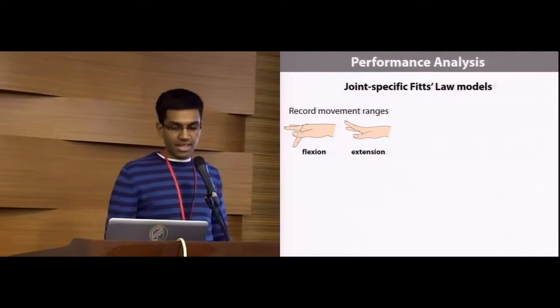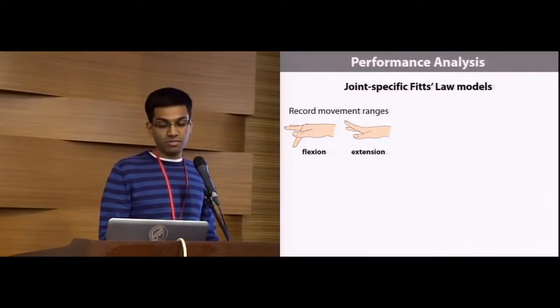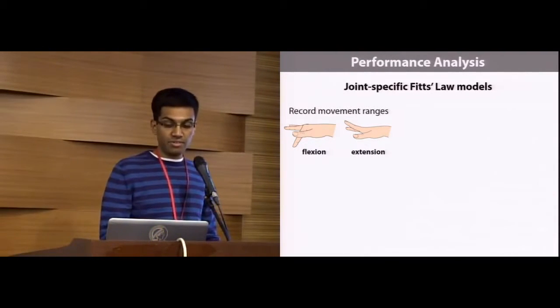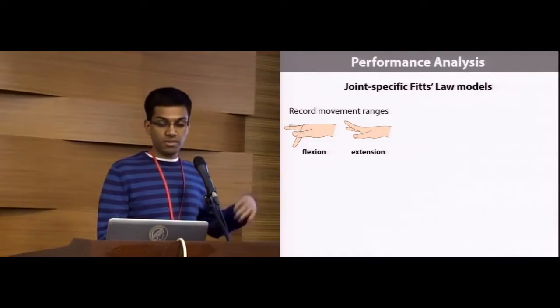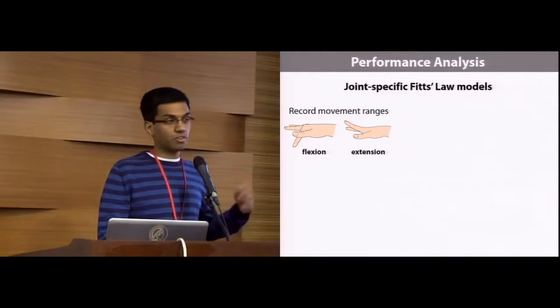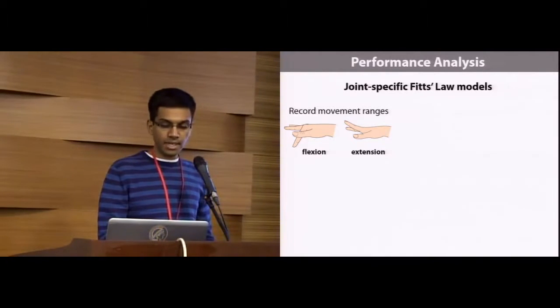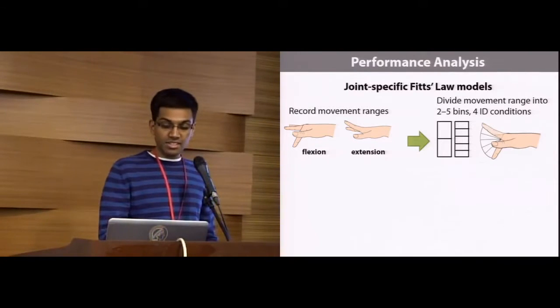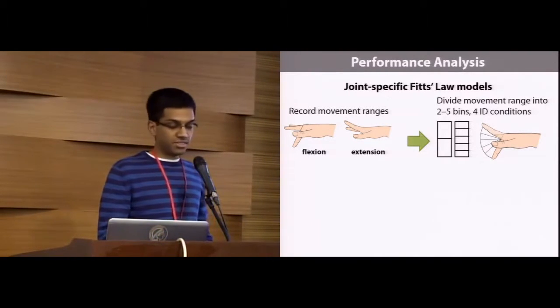From the Fitts selection task, we can derive an angular version of the Fitts law model to quantify performance of each joint. For each joint, we first recorded the movement range of users by asking participants to flex and extend their joint without moving other joints. We then divided this movement range into 2 to 5 bins and tested the movement performance for different bin distances.